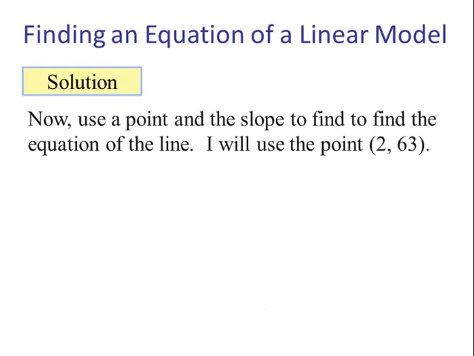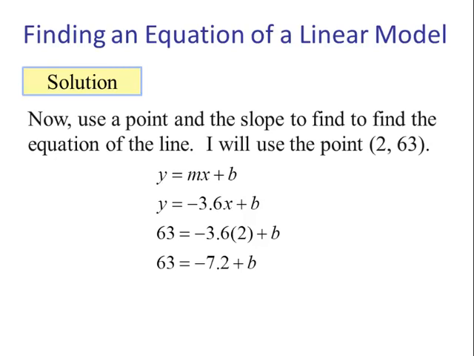Now we use a point and the slope to find the equation of the line. The point I will use is (2, 63). If you recall, y equals mx plus b, and we know the slope is negative 3.6. Using the point (2, 63), we have 63 equals negative 3.6 times 2 plus b. Now we multiply.